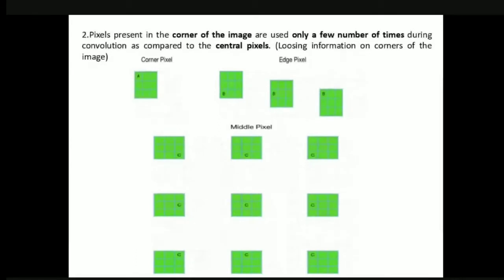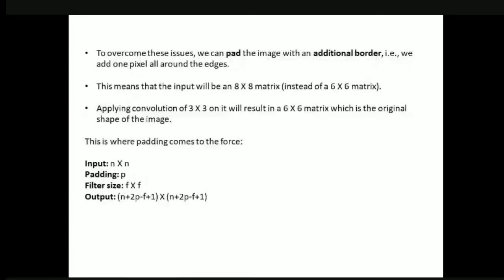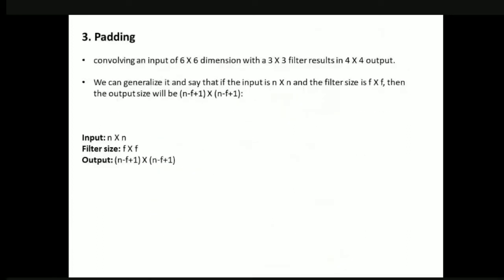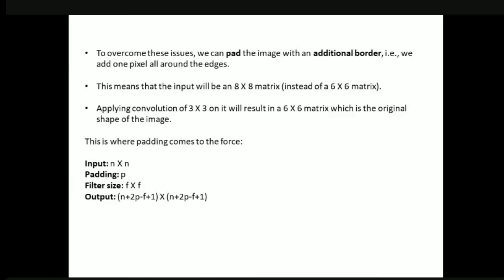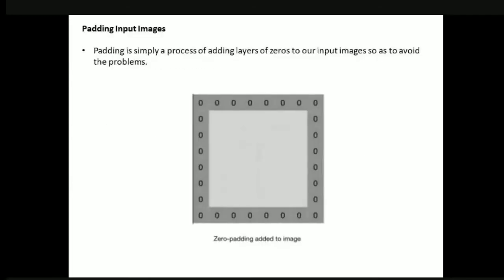The properties in the edges of the images will be lost. So this is another drawback when we are performing the convolution operation. For this reason, what are we going to do? Padding. Padding is nothing but adding extra zeros on the original image.